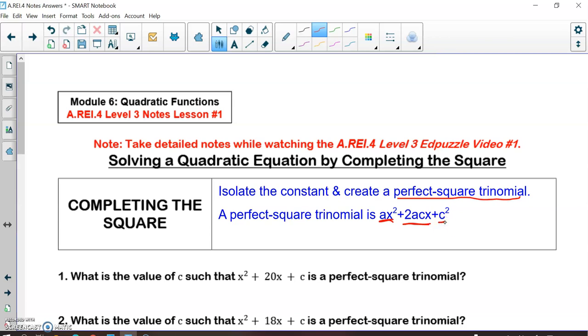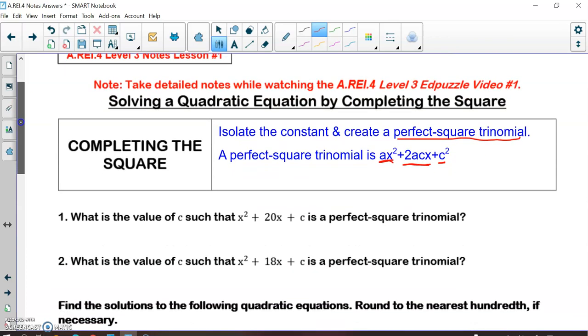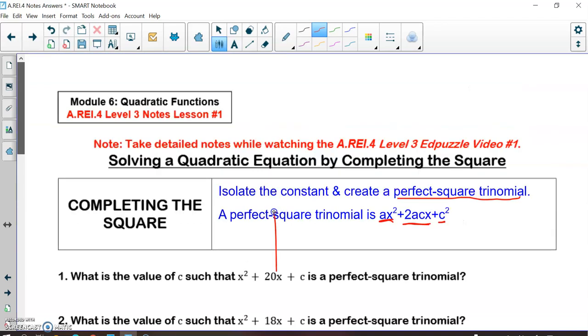c squared. Now, in number 1, if we are creating a perfect square trinomial, we take our b value, which in this case is positive 20, we divide by 2, and then we square that number. So 20 divided by 2 is 10, squared is 100.